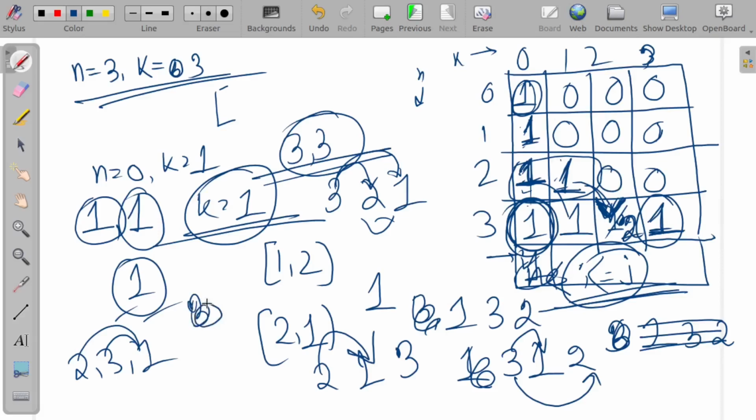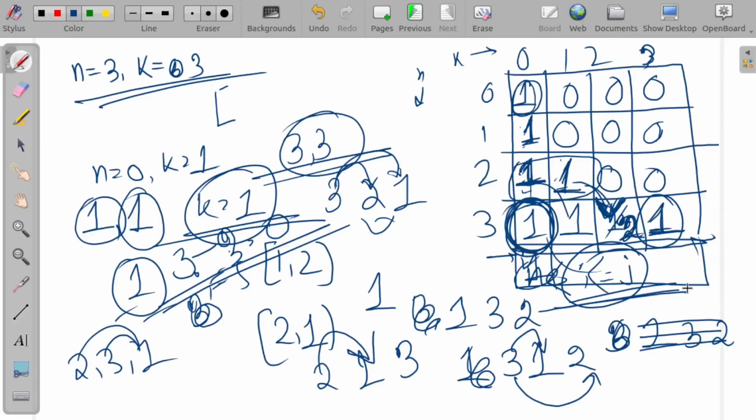So when I and j become the same, in that case the j value will be deducted from I. So 3 minus 3, that is 0. So what is the 0th value? That is 1. So that will be deducted. So 2 minus 1 is 1, that is equal to 1. So that is why the value will be deducted from here.